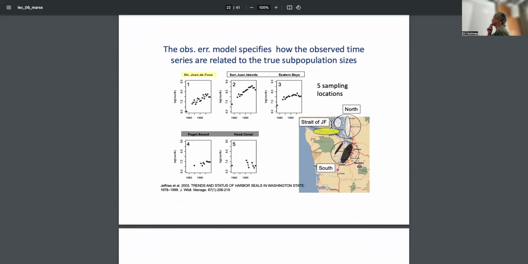And so now we need to specify mathematically that structure. This one's pretty easy, this one is just measuring that one. For the north, we need to have that San Juans and Eastern Bays are associated with the north population, and then we want these 2 associated with the south population.